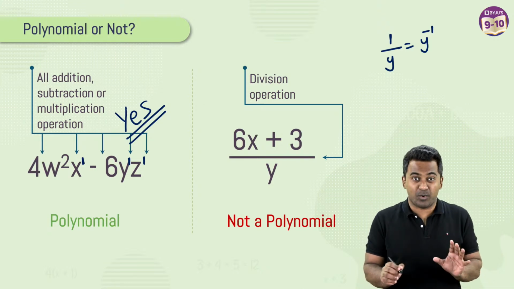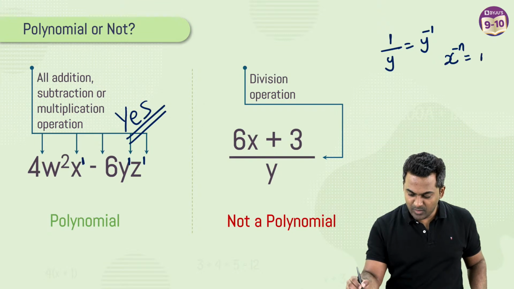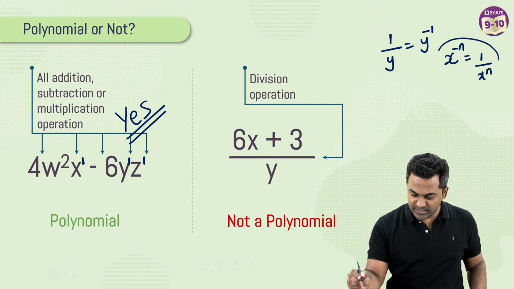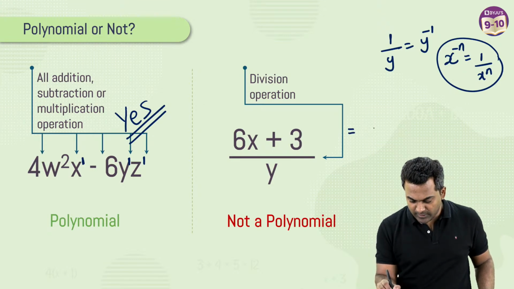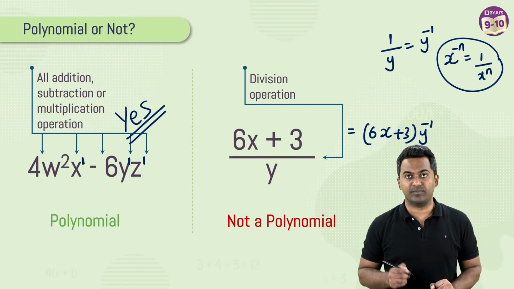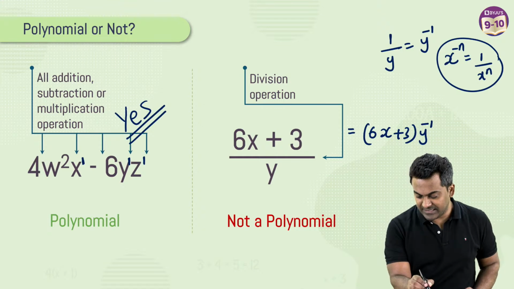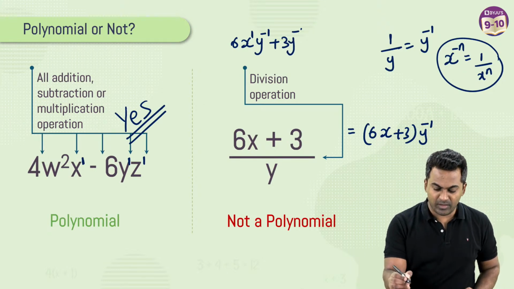We've learnt the rule: x to the power minus n is 1 by x to the power n. So using this rule, y power minus 1 is nothing but 1 by y. So this can be rewritten as 6x plus 3 multiplied with y to the power minus 1. And if I simplify this, this will be 6x power 1, y power minus 1 plus 3y to the power minus 1.